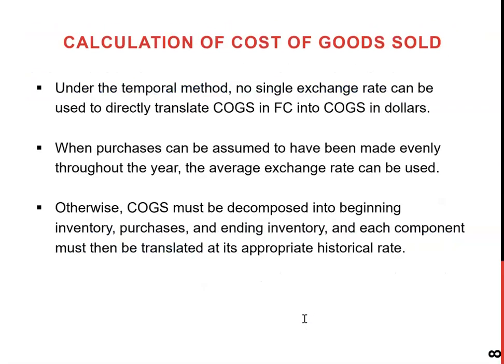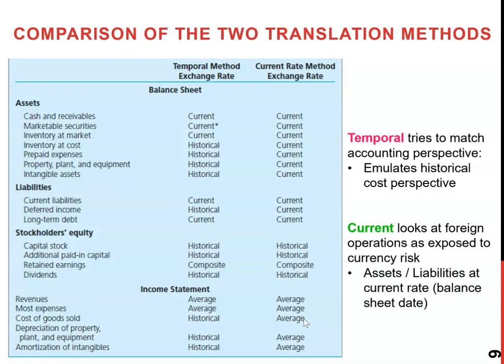It's not when you sold your inventory, paid your suppliers, or collected from your customers. It's the date when you purchased and recorded the inventory for the first time. And that's what this slide is talking about.